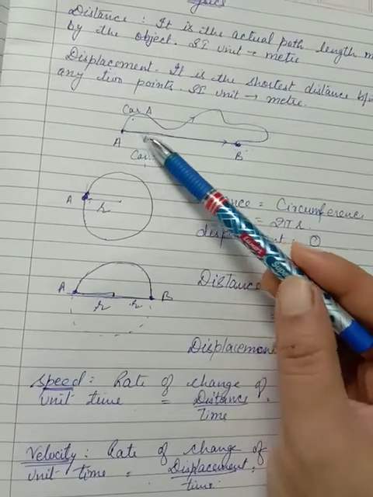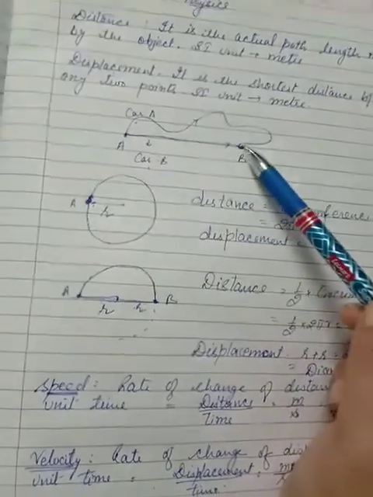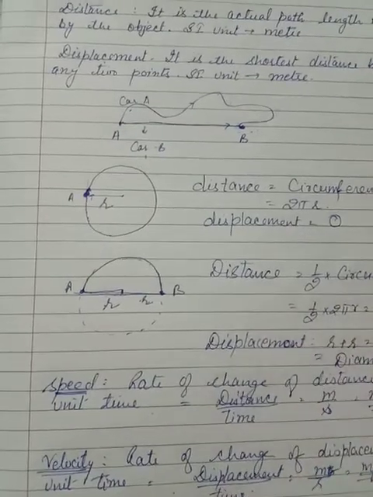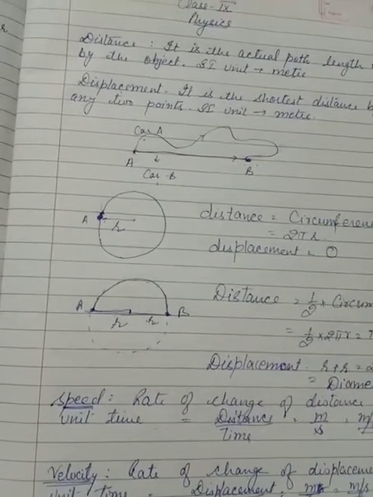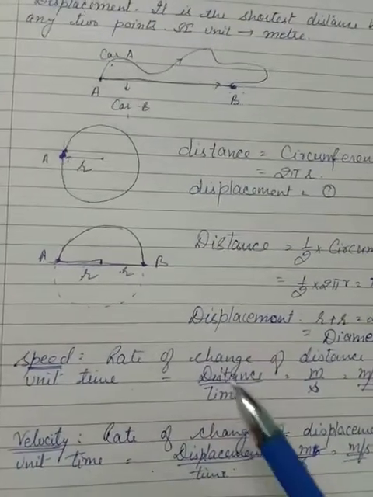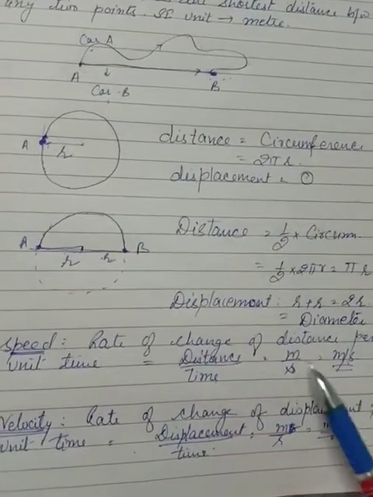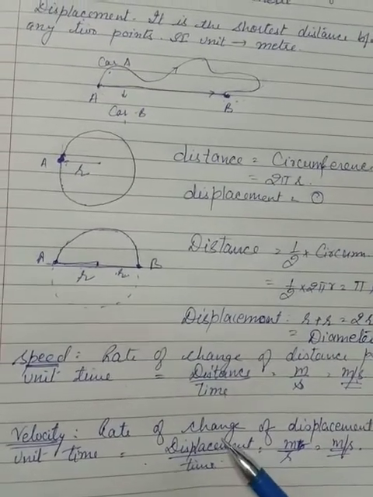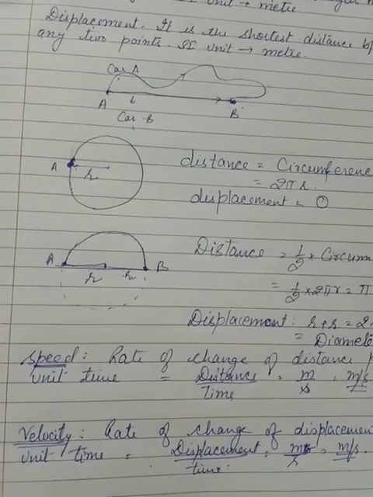And if we talk about car B, its distance traveled and displacement are both the same. So the distance is never shorter than displacement. Your speed will be either greater than velocity or equal to velocity, but it will never be less than velocity.